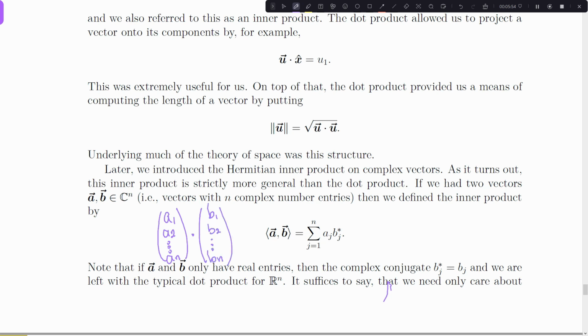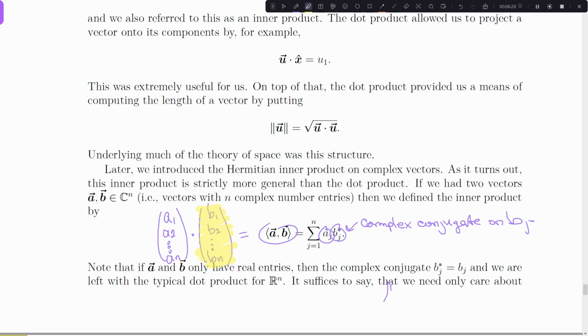So they're n entries long, and they have complex values. Then we compute the dot product the same as before, but we have to take a complex conjugate on each of the entries of B, and then take our more traditional dot product.